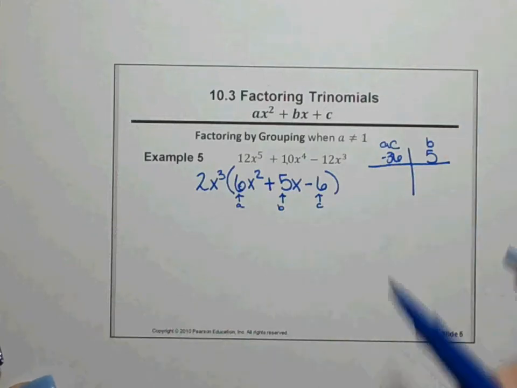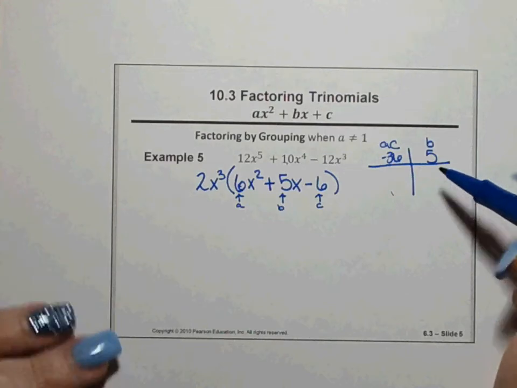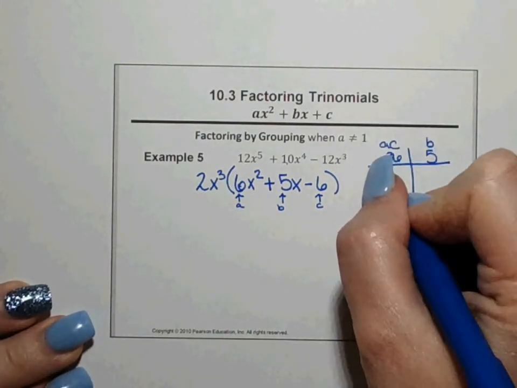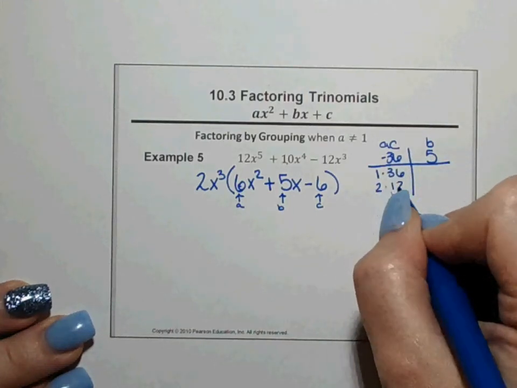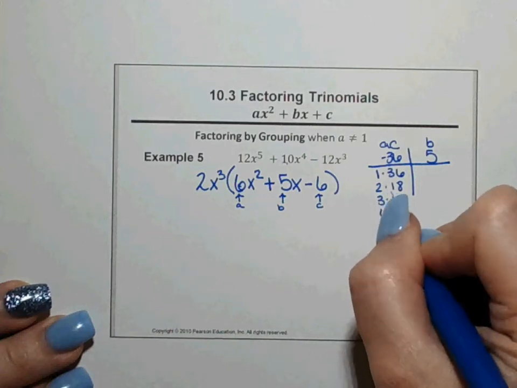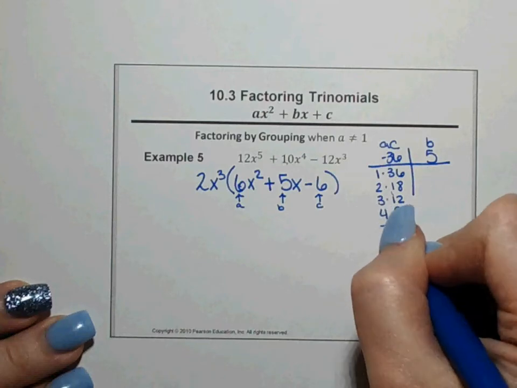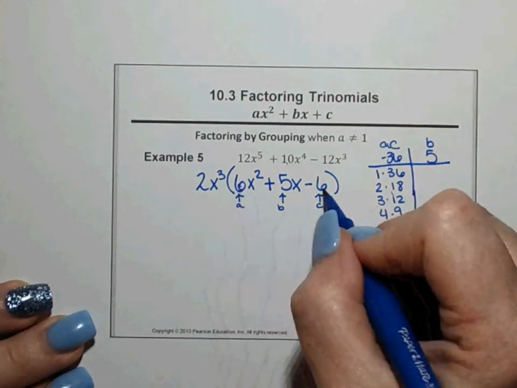So I want to look and see what my factors are that will add up to give me a positive 5. So let's try, let's see, 1 and 36, 2 and 18, 3 and 12, 4 and 9, and negative 6 and 6. We just multiplied those together.